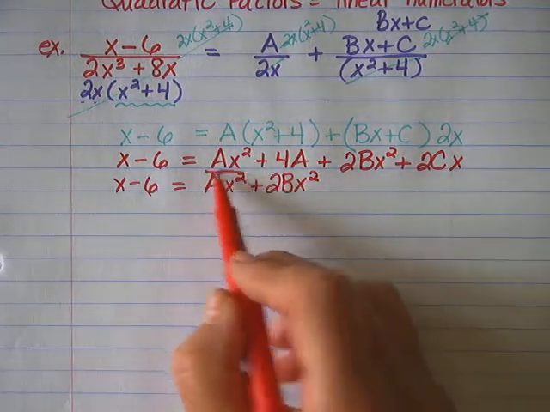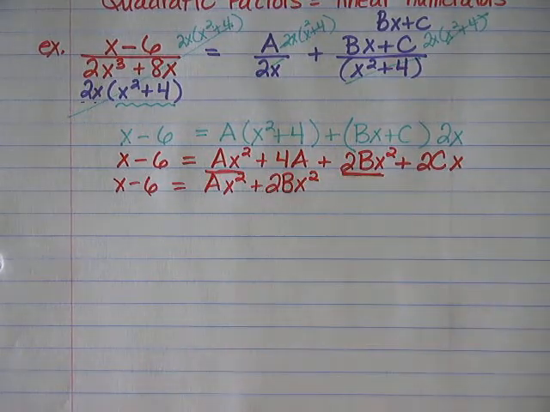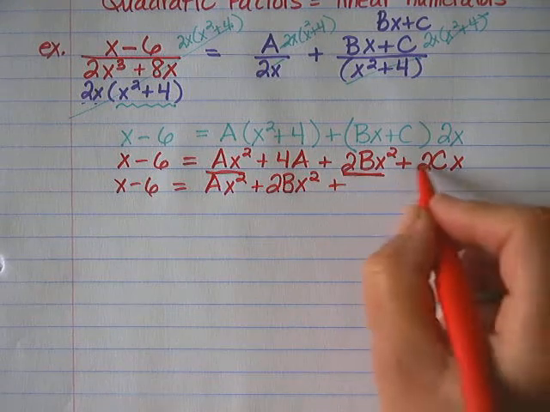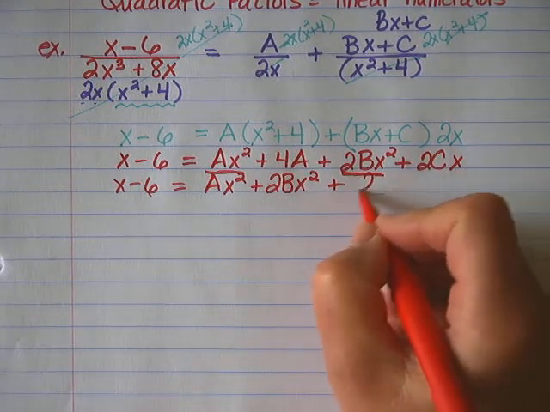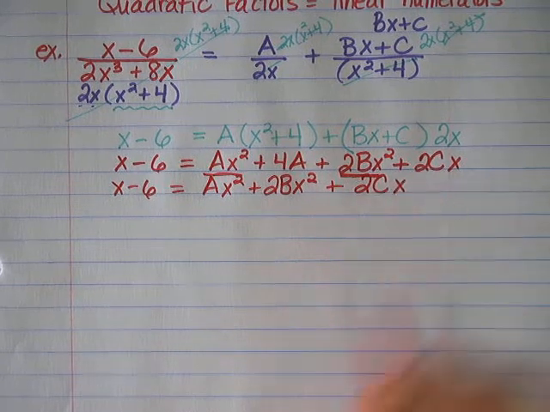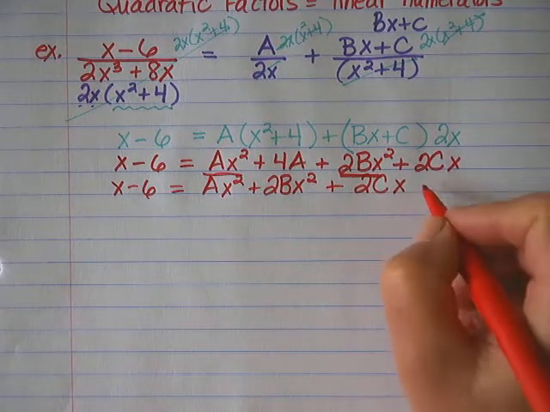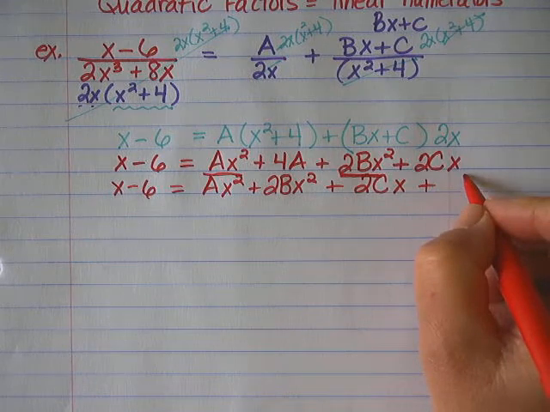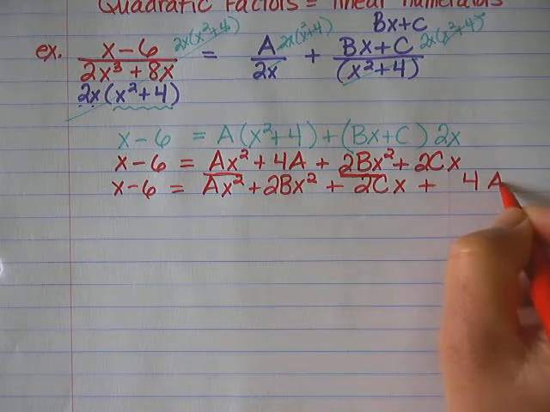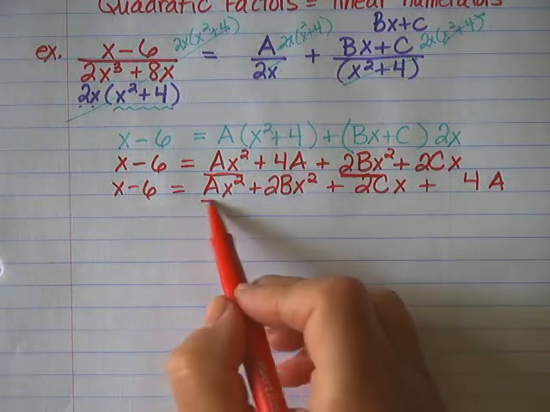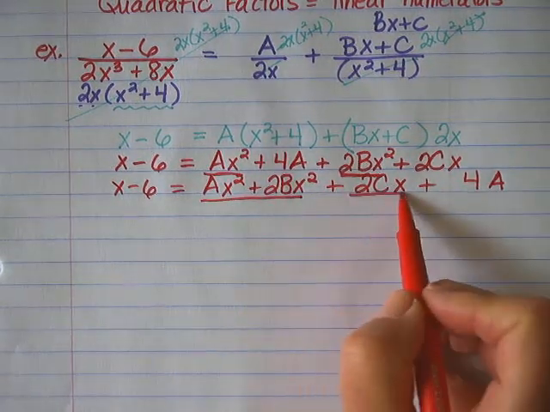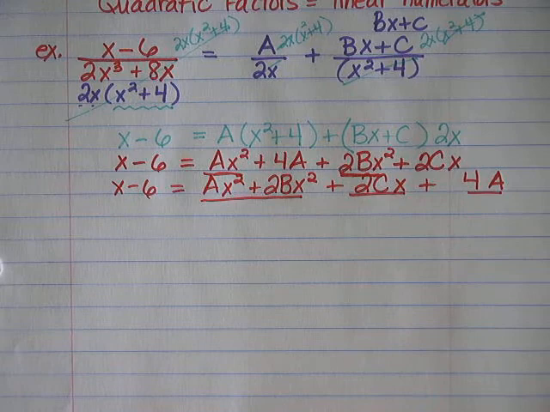So these are my two quadratic terms. This is my linear term, my x to the first power, so plus 2 times c times x to the first power, plus my constant term 4 times a. So again, quadratic, linear, constant.